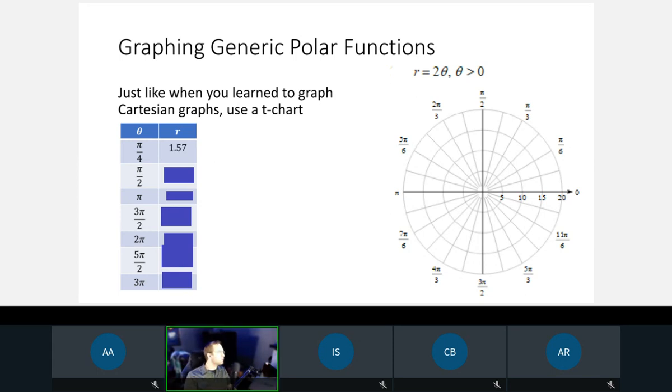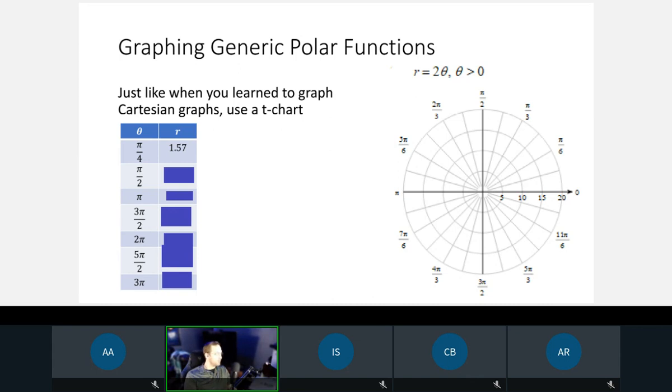Oh, wait, I got 1.57. It's because we didn't multiply by 2. When we multiply by 2, it is 1.57. Okay, so we're good. I make typing mistakes all the time. I think I do math in the dark. Maybe that's the problem.